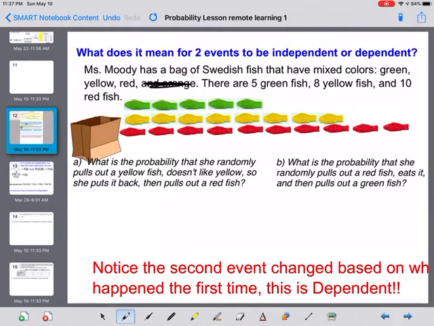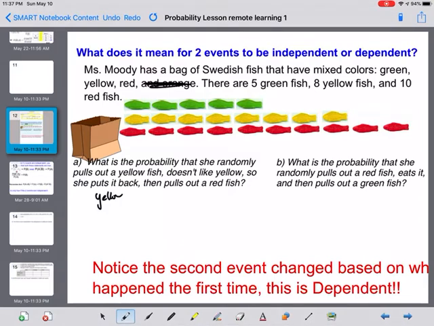First, we want to say, what's the probability that she randomly pulls out a yellow fish, decides that she doesn't like it, puts it back in the bag, and then pulls out a red fish? So let's see what would happen. If she reaches her hand into that bag and randomly pulls out a yellow fish, what's that probability?